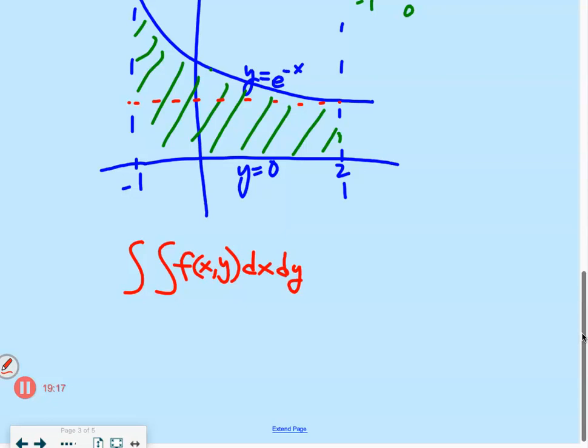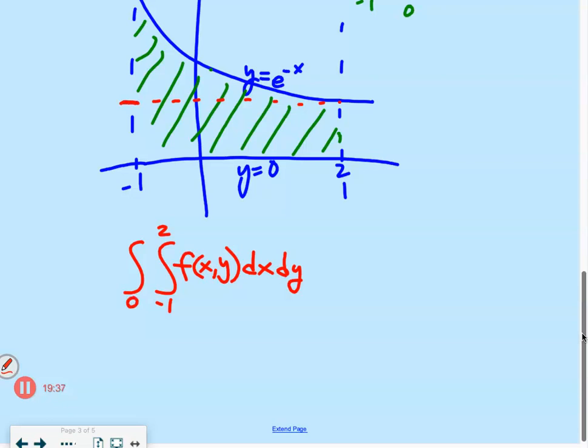Just looking at that rectangle, what is my left x value? -1. What's my right x value? 2. My lower y value? 0. I need this value right here.